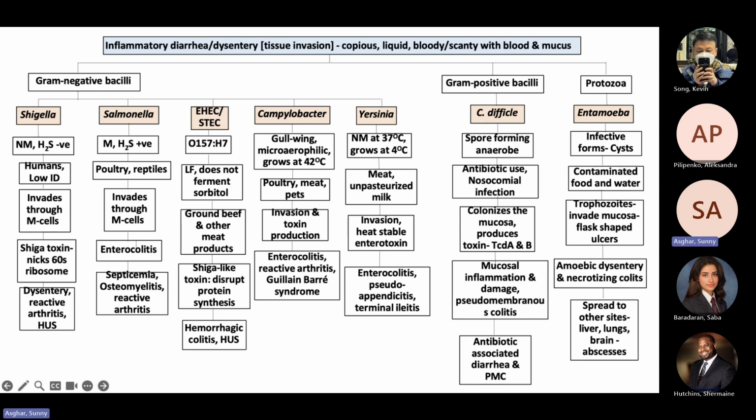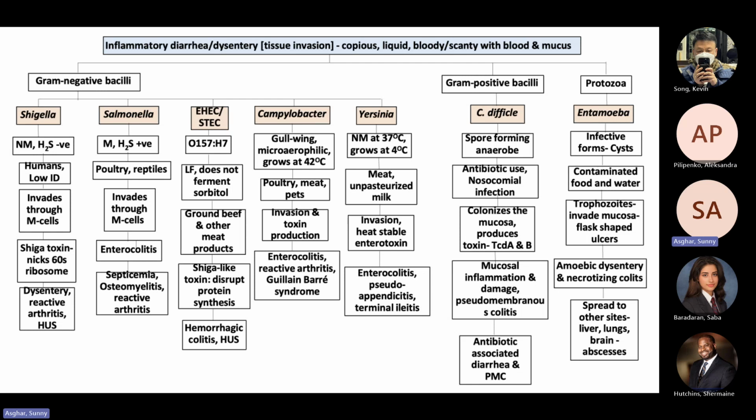And then if we move on to our salmonella, it's the same thing. It's talking about M, which means motile, so it moves. You have bacteria that are non-motile, and then you have bacteria that are motile, that move around. Salmonella is one of them, and we've heard about salmonella from handling raw eggs or handling chicken.